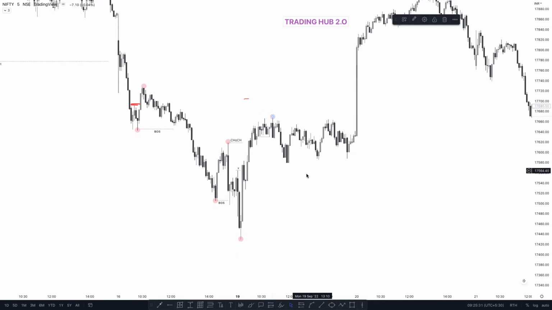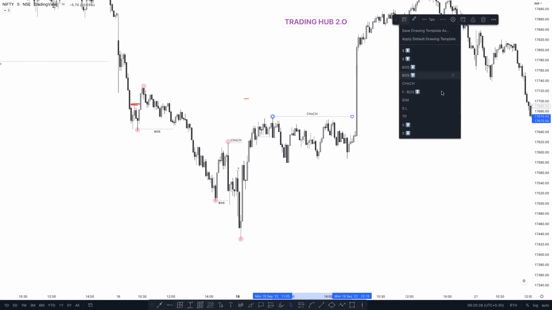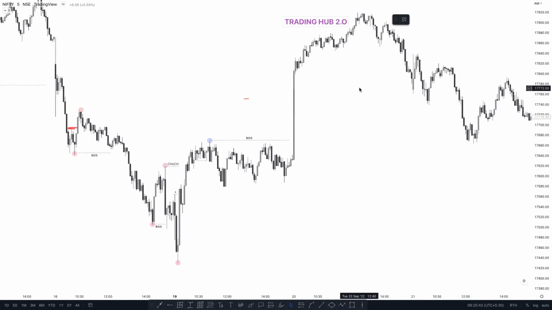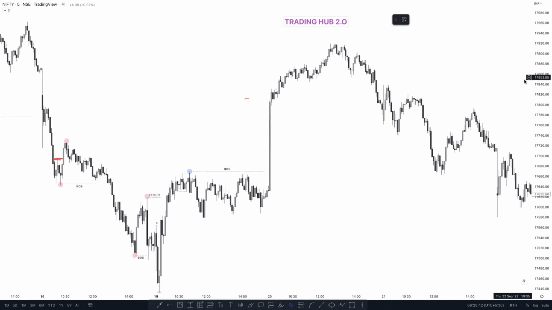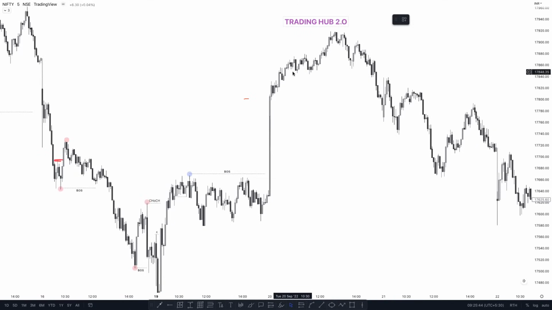Again, it pushes downside. After taking out the inducement, we can mark this as our break of structure. Yes. Again, the market goes to a higher high, right? And now we can see the market pushing to a higher high, and at this point we can see the market taking out the minor inducement here. If you notice, this is a pullback.